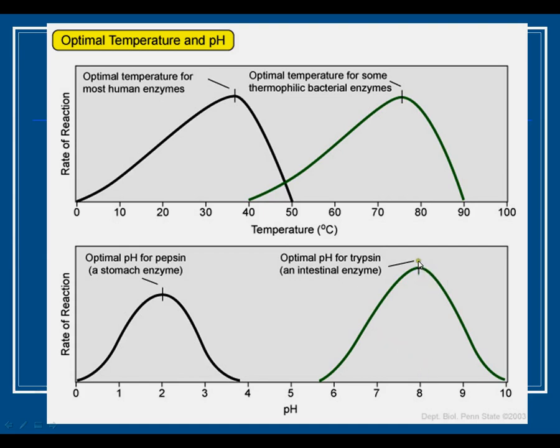It becomes too basic of an environment. So pepsin, this enzyme in your stomach, will actually stop functioning once it moves into the intestines. And that means that the cells in and around our stomach are constantly making this enzyme to help us digest our food.